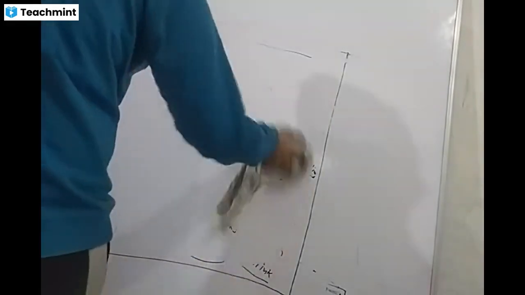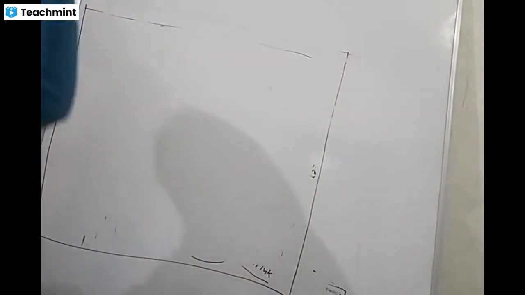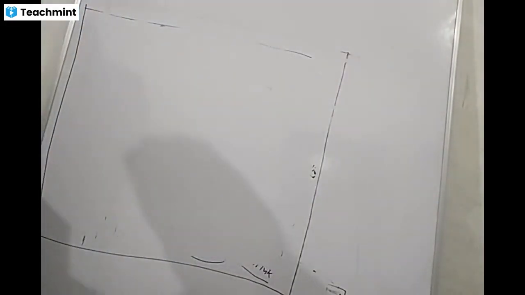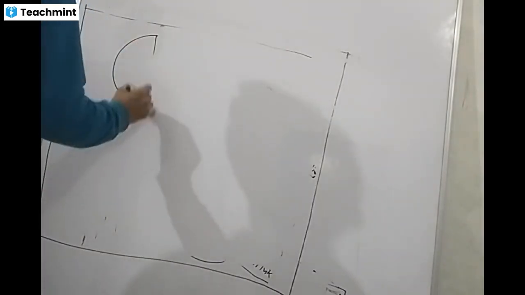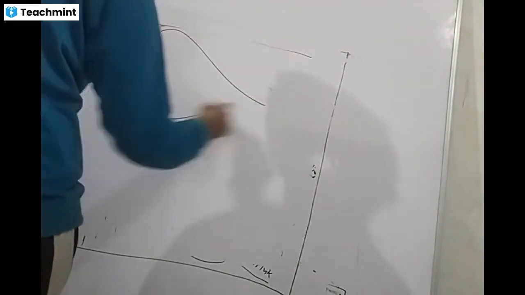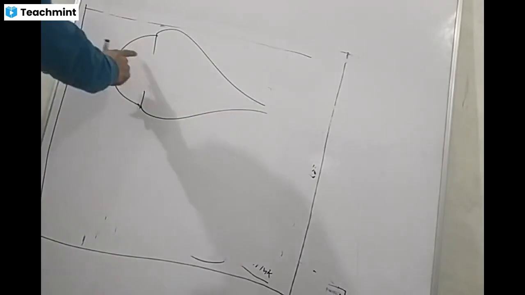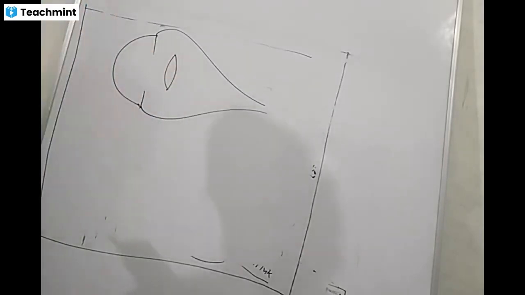Why is this surgery not preferred? If we look at the cornea, this is the iris, this the cornea and this is the lens.